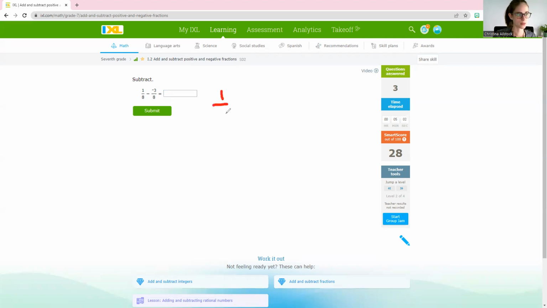So 1/8 minus a negative 3/8. Once again, I see it's a subtraction problem. So just like that previous one, whenever you see subtraction, we're going to rewrite it as adding the opposite. So keep the first fraction the same, change subtraction to addition, and change the sign of the second number.